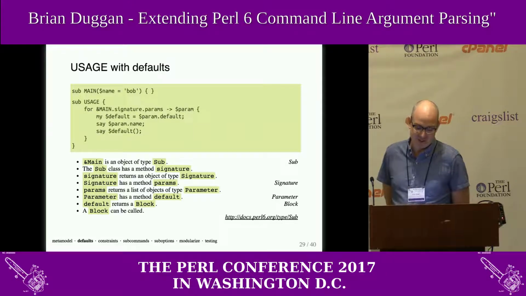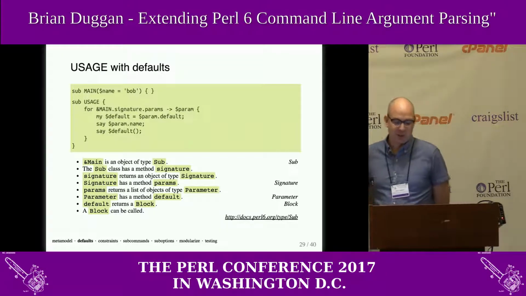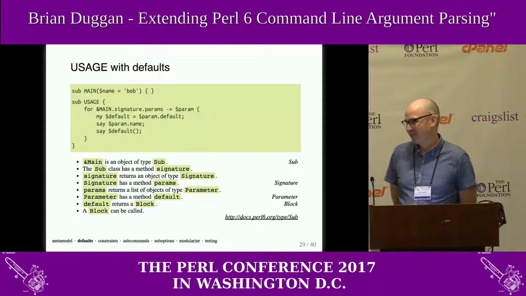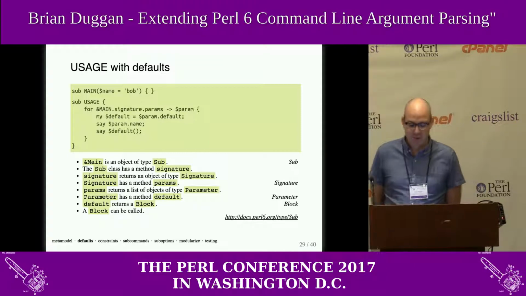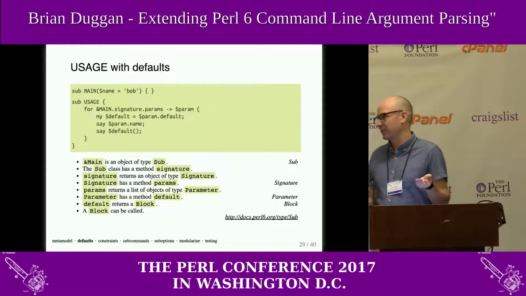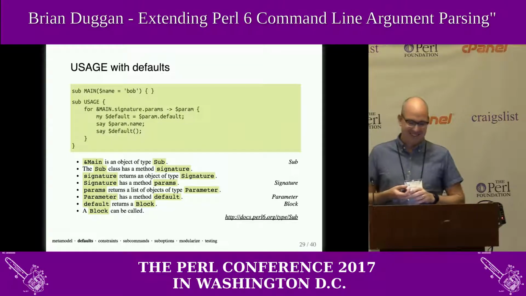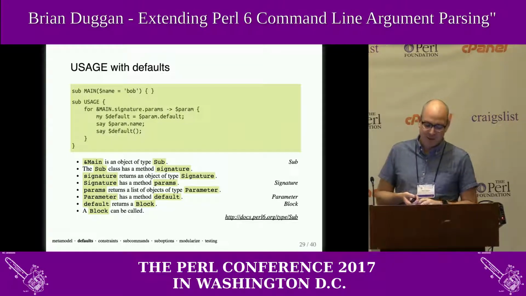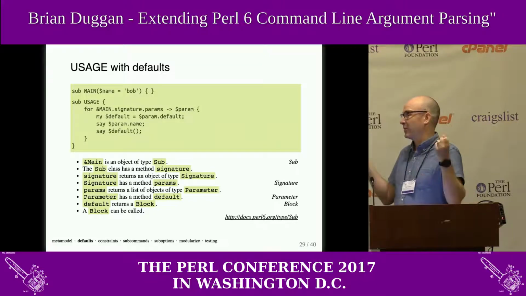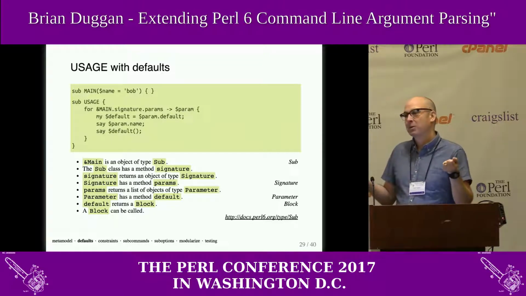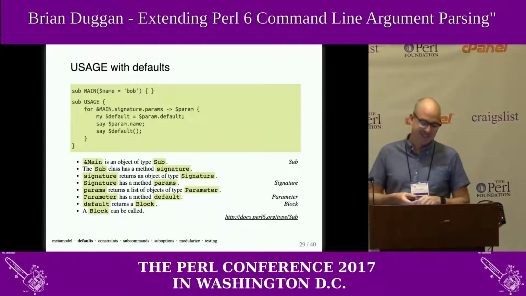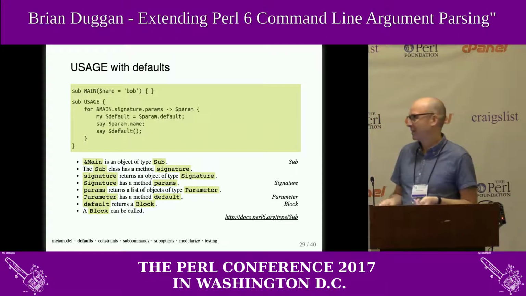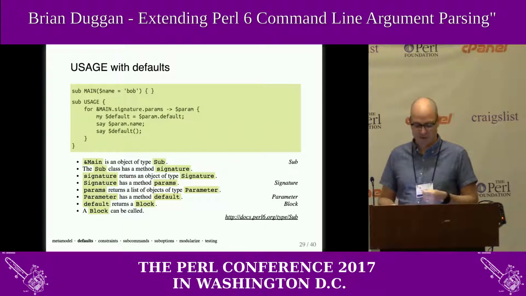One of the methods is signature, which gives you an object of type signature. And that has a method called params, which returns a list of things of type parameter. And parameter has a method called default, which returns something called a block, because the defaults can actually be generated at runtime. And then you can call the block and see the default.